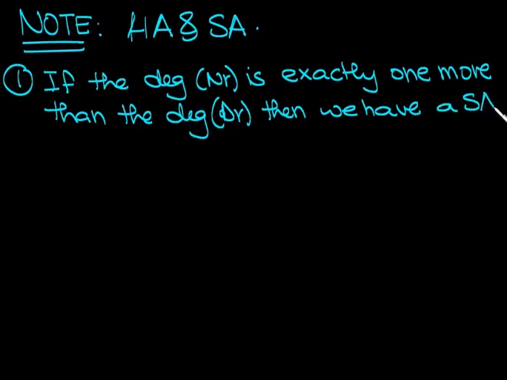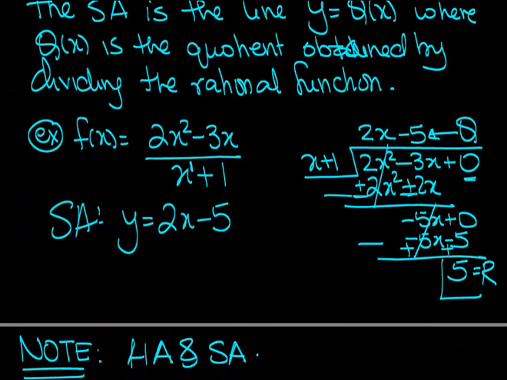So the only time we have a slant asymptote is if the degree of the numerator is exactly one more than the degree of the denominator. If you go back to the previous example, the degree of the numerator was 2 and the denominator was 1.